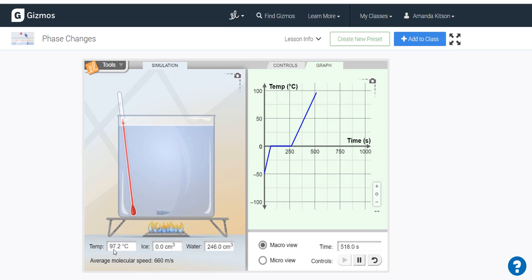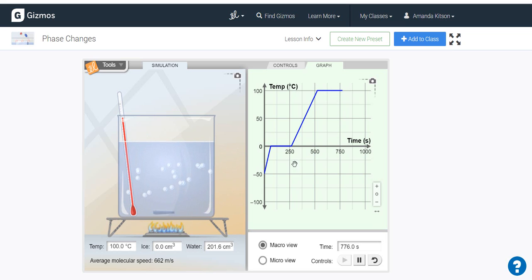At that point, during the phase change, you should see the line level off again, and it is. Because again, this heat energy that we're adding to the system can't do two things at once. It can either raise the temperature of the system or change the phase. Can't do both. And so now the water is boiling, and so this is a phase change from liquid to gas, and so the line has leveled off.